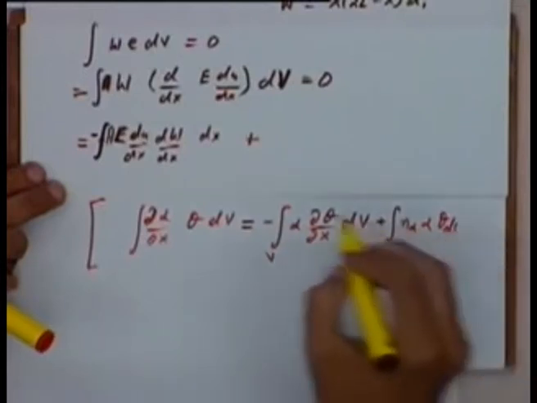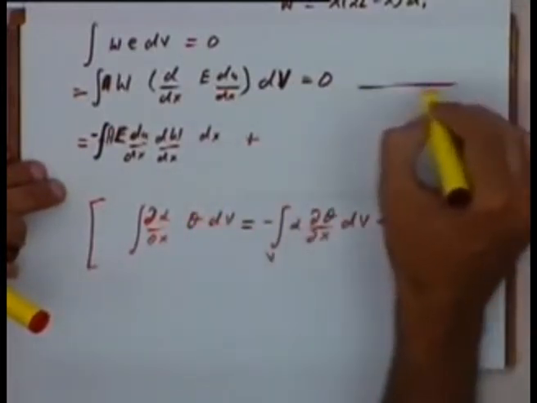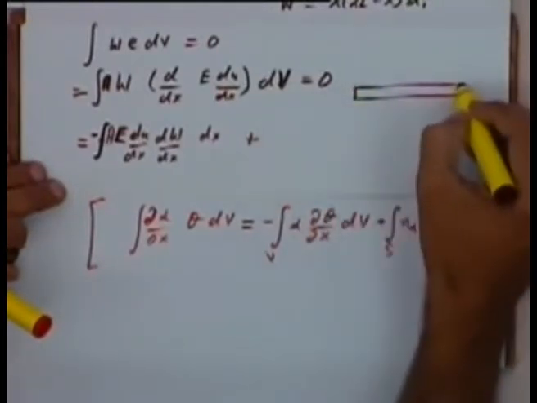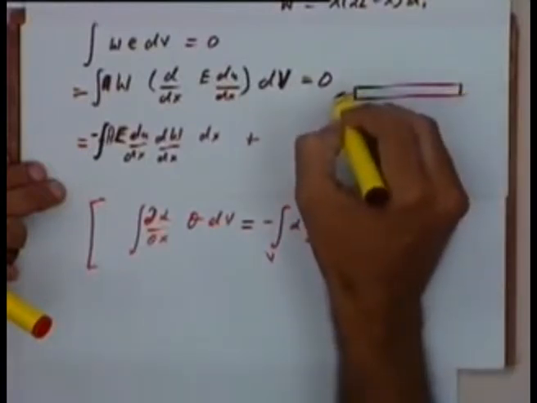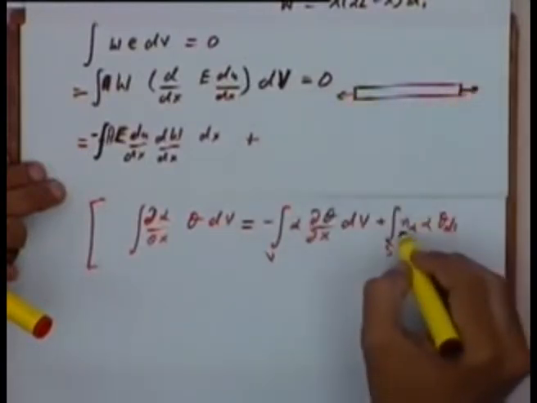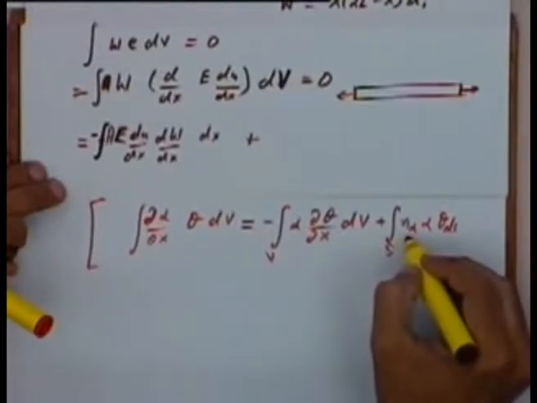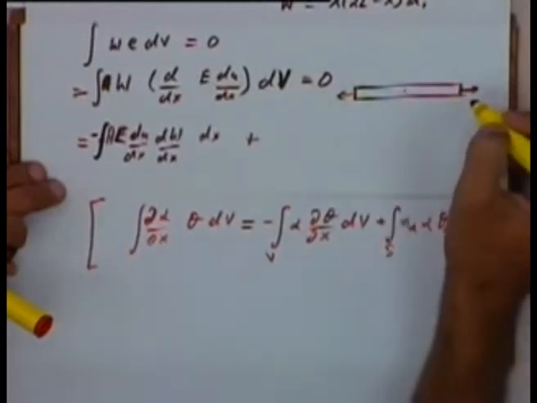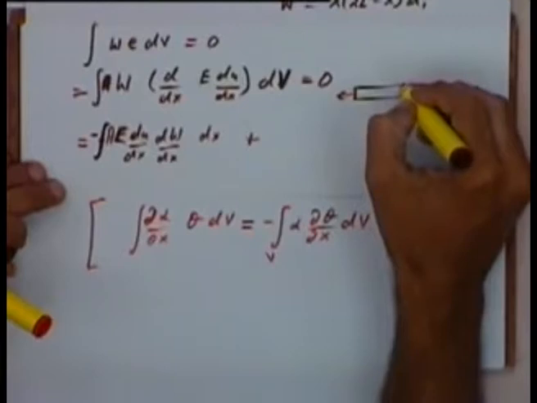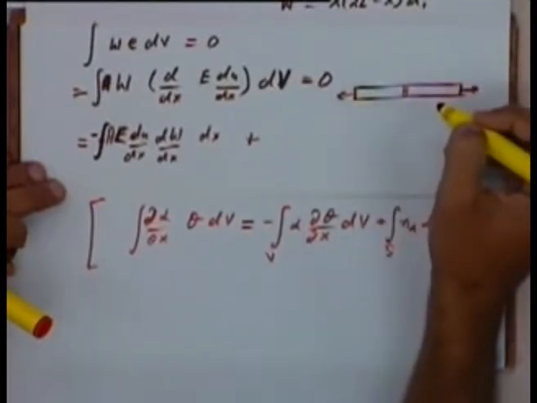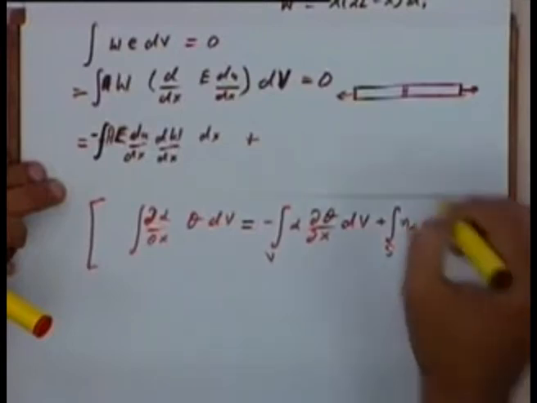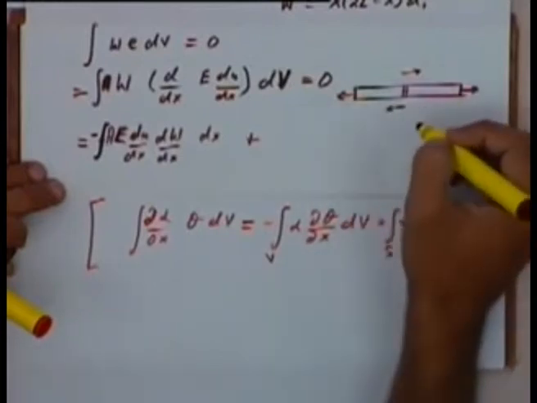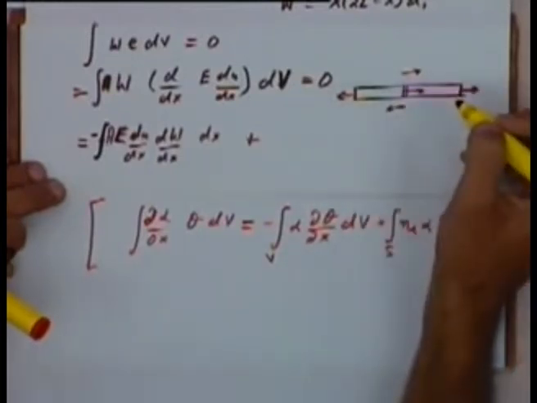This is the surface integral, and it will be carried out over, if I am talking of a one dimensional object, my surface here or here, because the normal is in this direction, and since I am taking a dot with the surface normal, these are two surfaces I have, but in addition we have a point load over here. If I take into account the point load, I essentially have to take a discontinuity here to find this surface integral. At this surface I have a normal in this direction, at this surface a normal in this direction, plus a point load acting in this direction.